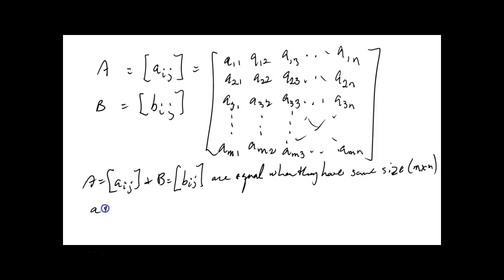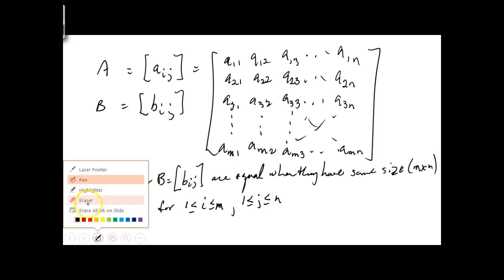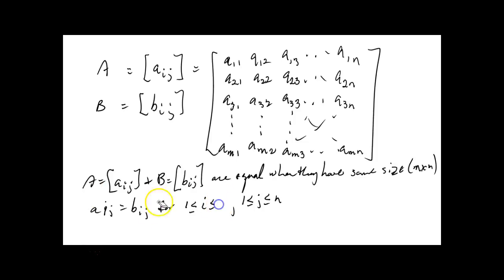And Aij is equal to Bij for every i and j with 1 less than or equal to i less than or equal to M, and 1 less than or equal to j less than or equal to N. That's the easy way to say it. That is an M here and an N there. They just keep getting worse and worse. Okay, let me clean those up.